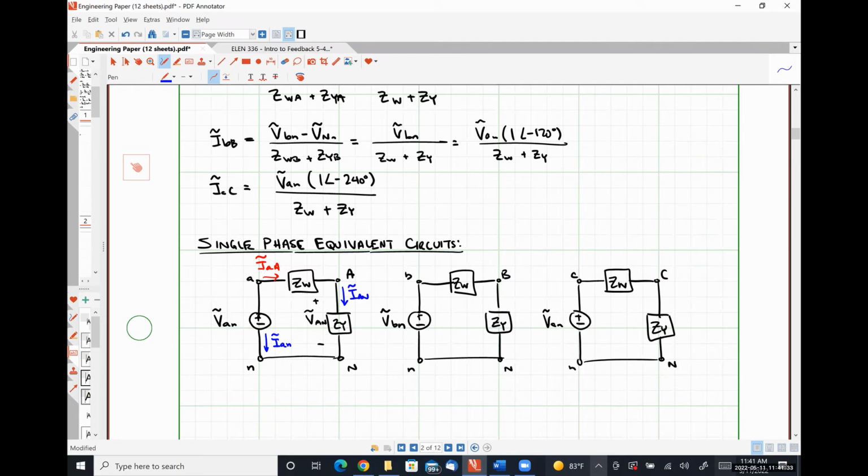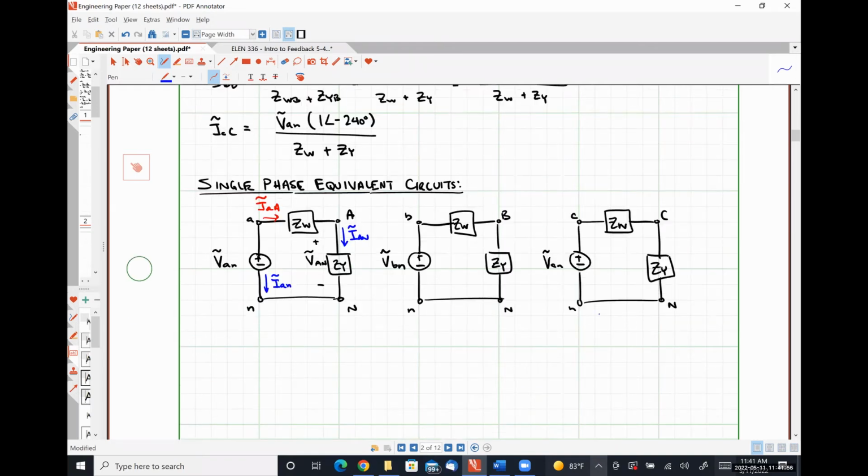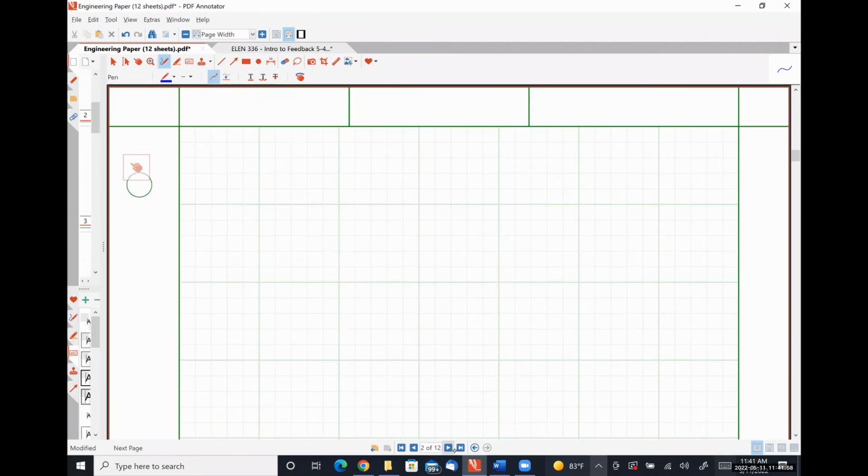So what we're going to do now is introduce transformations that will allow us to look at any three-phase system, regardless of its actual configuration, as a YY system. So let me go to the next page here. The first thing that we're going to deal with is transformation between sources.